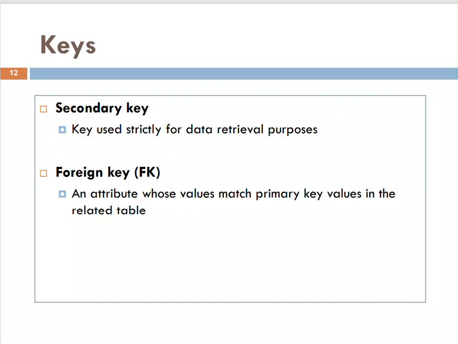Okay, maksudnya kalau orang yang tak nak guna metric number, dia cuma ada nama pelajar dengan nama ayah dia, dia boleh gunakan itu sebagai key juga untuk menentukan contoh CGPA ke, address dia ke, nombor telefon dia. Okay, next, foreign key, an attribute whose values match primary key values in the related table. Okay, foreign key ni adalah primary key dalam satu table yang lain. Nanti I'll show you the example.